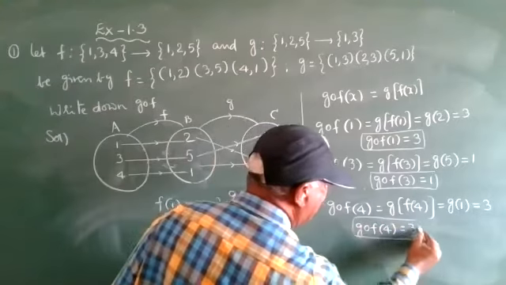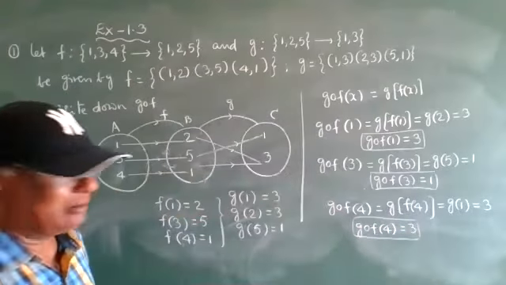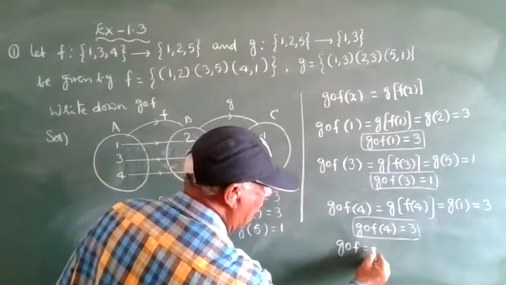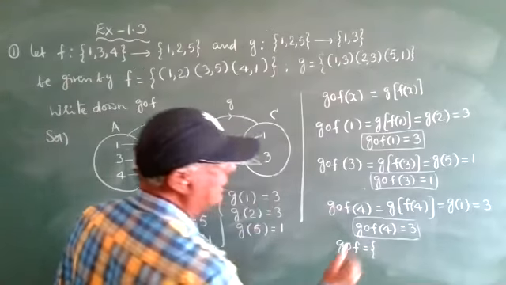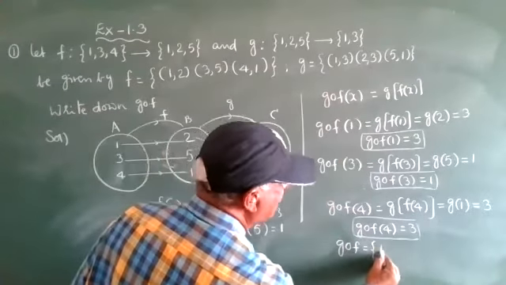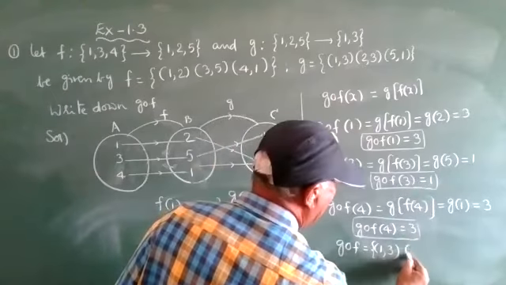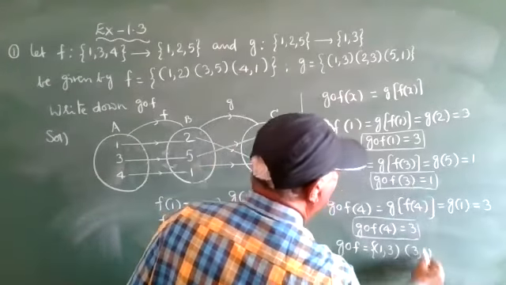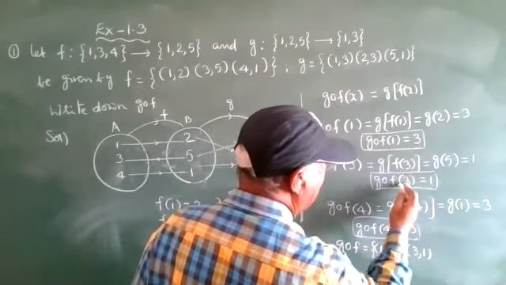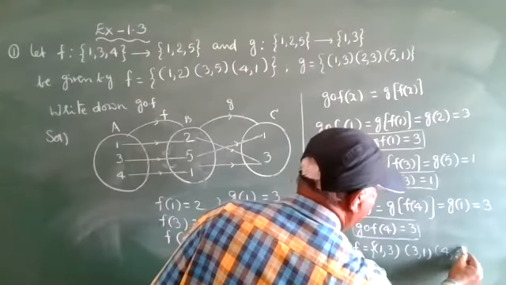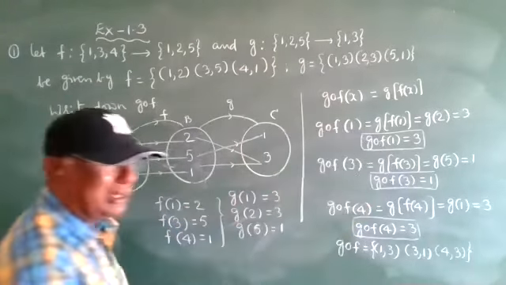Now write down G circle F: 1 image is 3, 3 image is 1, 4 image is 3.